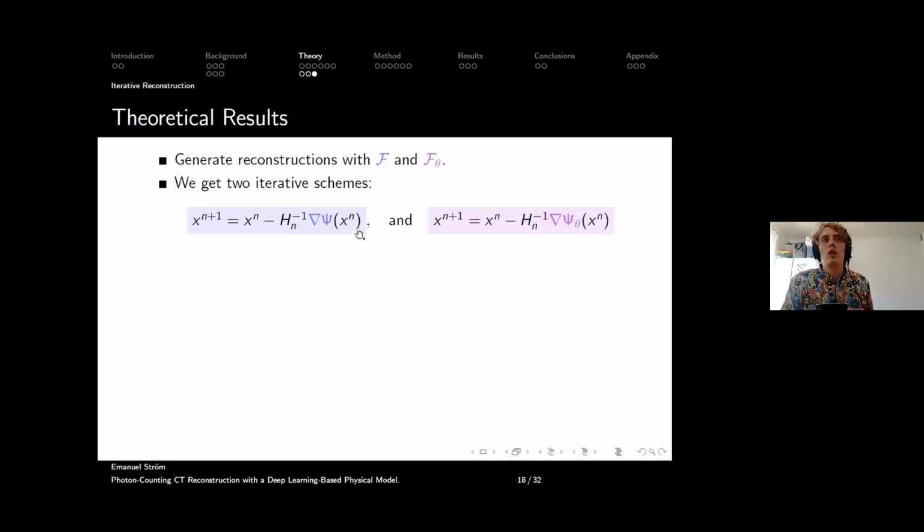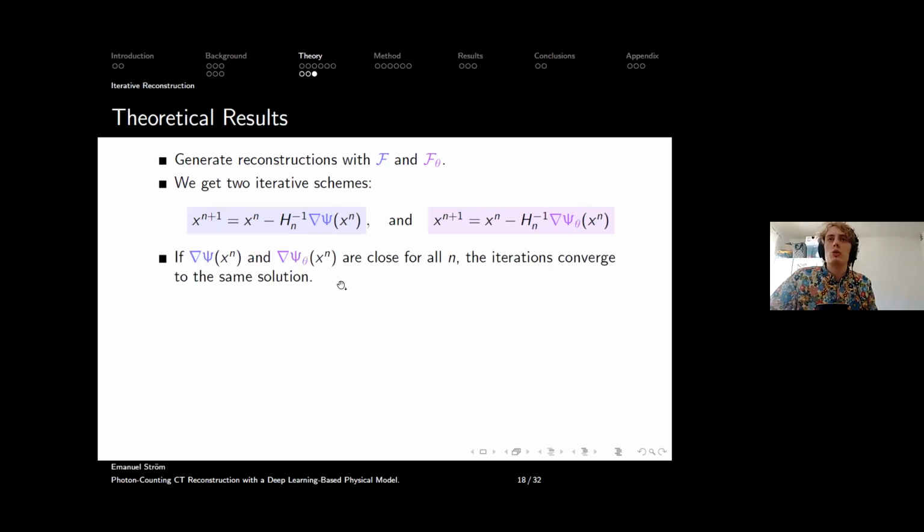And the main theoretical result that explains this question that I asked before, what does this domain of clinical data mean, clinically useful data mean? The main theoretical result here is that if these two gradients here are close to each other, then these two iterative schemes are going to converge to about the same solution as well.